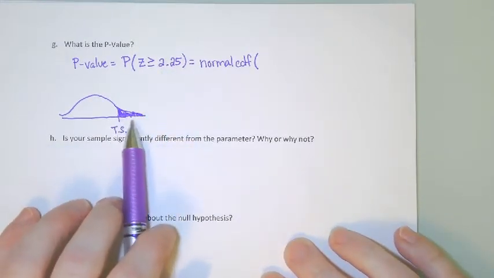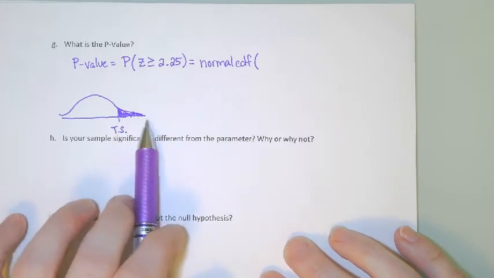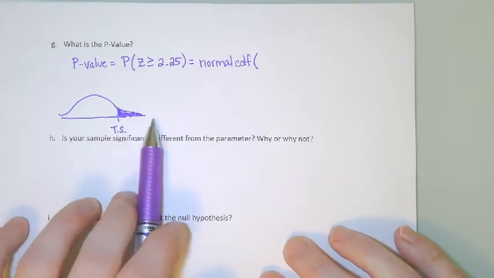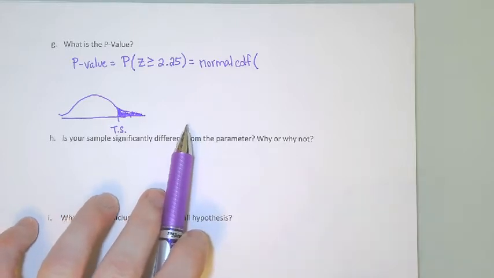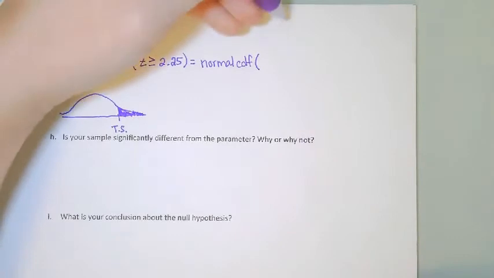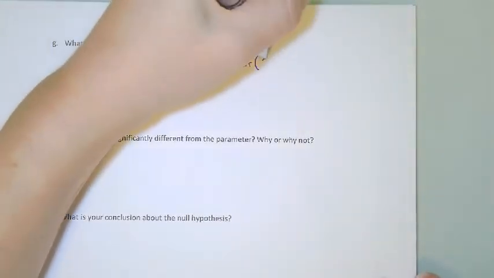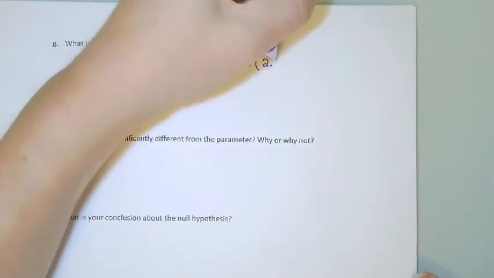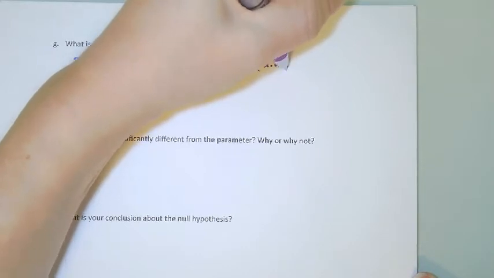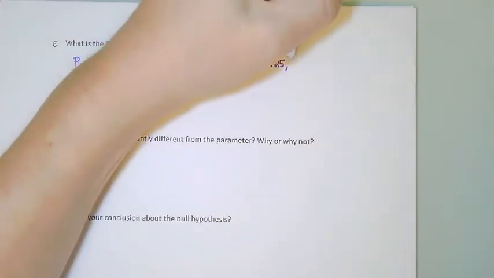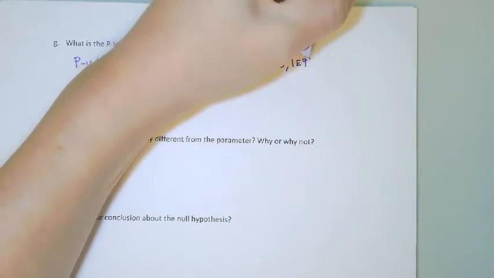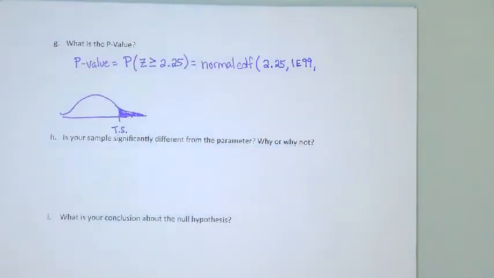The shaded area continues to the right indefinitely, which means our upper bound would be positive infinity, 1e99.